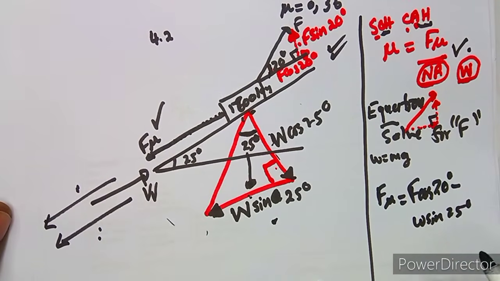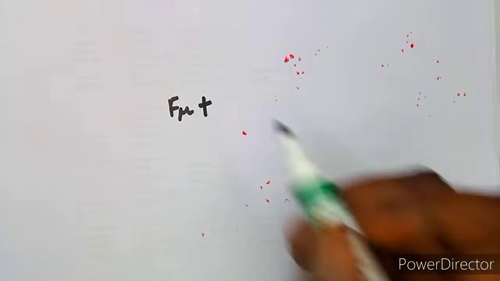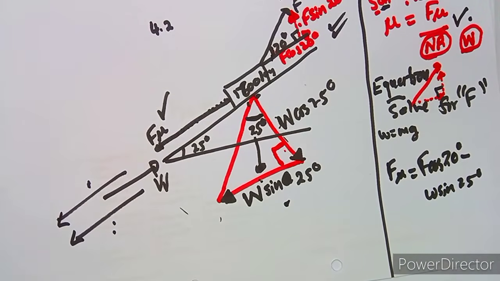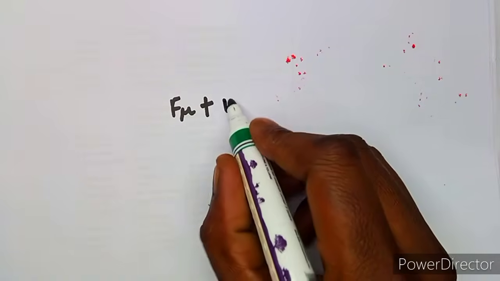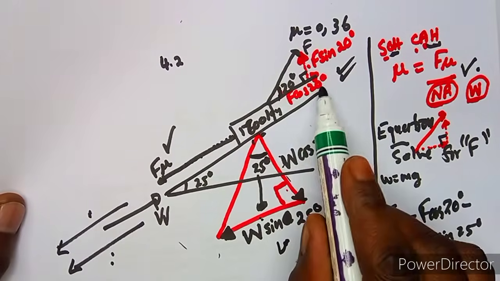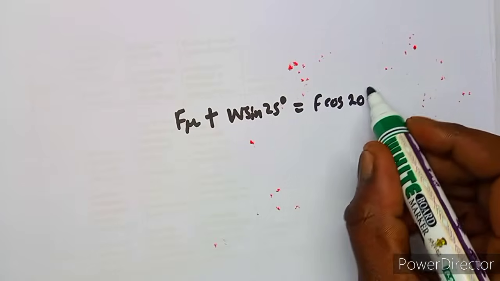Or you can just formulate an equation. The frictional force plus this force, because they're all going the same direction, plus W sine 25 degrees is equal to the one that is going upwards, which is F cos 20 degrees.